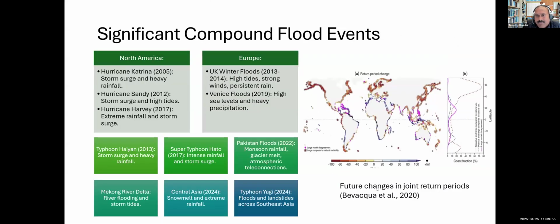Here are some significant flood events which occurred in North America and Europe, and also in Asia. And this can actually change as we get into the future, when the joint return periods can change depending upon what the future entails.